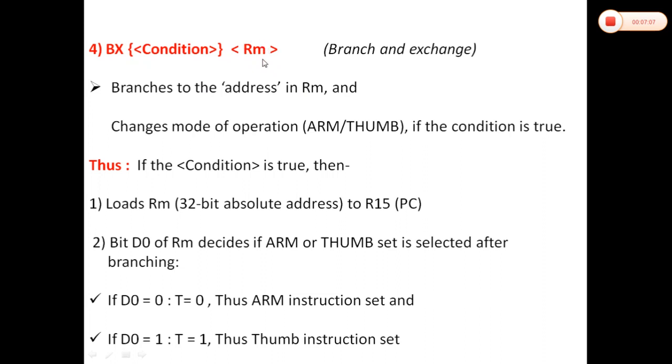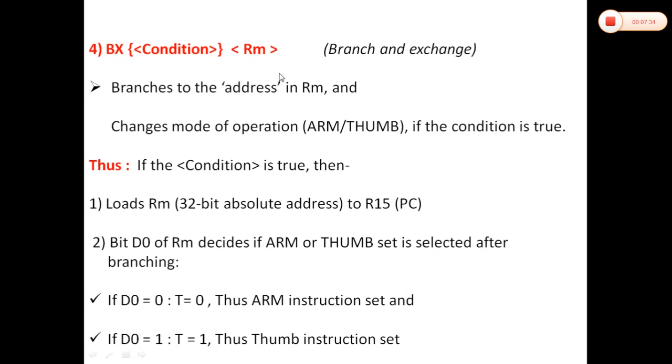Now here the address is an absolute address given in a register of the register bank. It's a 32-bit register, so it will hold the 32-bit branch address. And also when this instruction is executed, the mode of the operation will be changed. So it is branch with exchange.